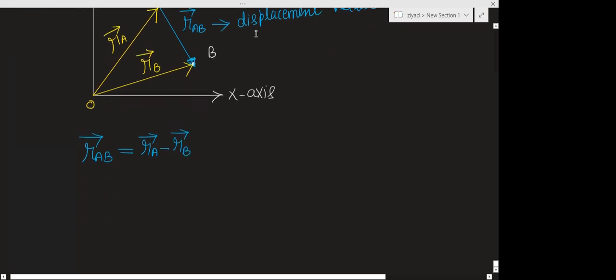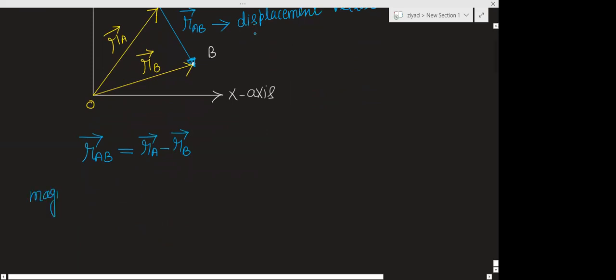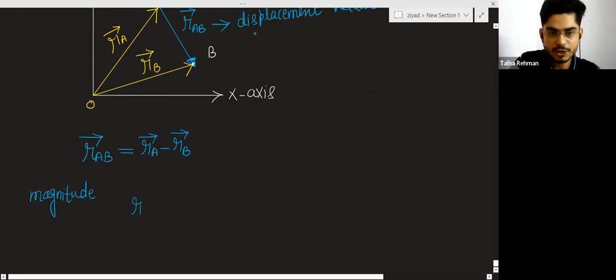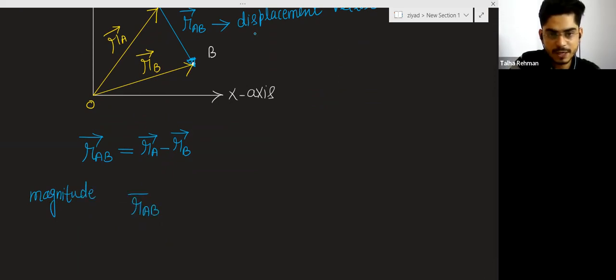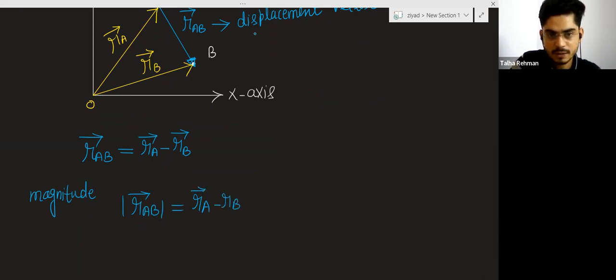If you want to find the magnitude, I have told you for the vector magnitude you will write the modulus, and the modulus of this you can also write as RA minus RB. So this will tell you the magnitude of displacement.